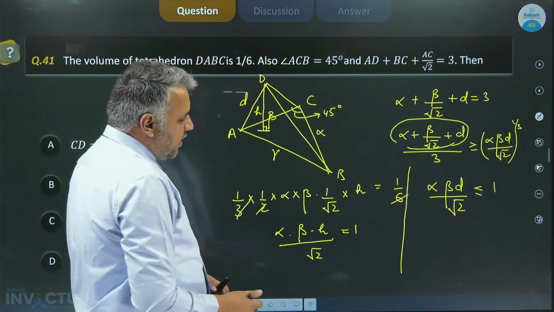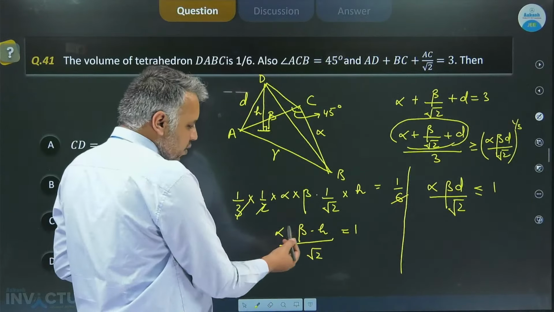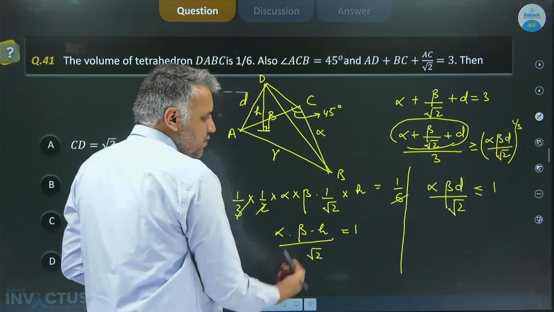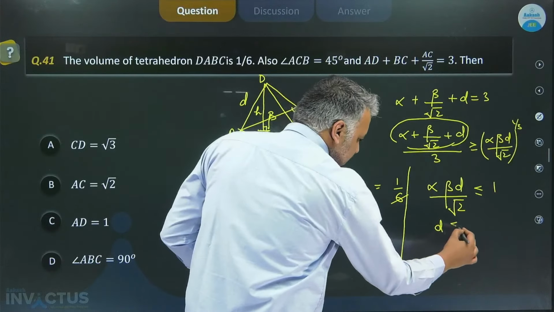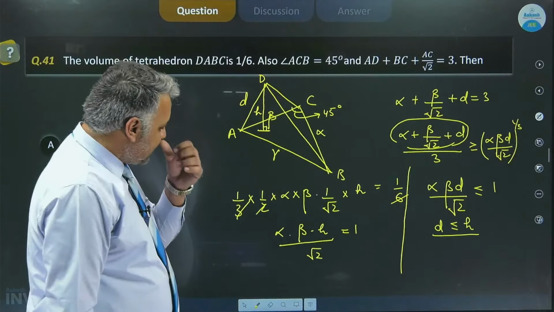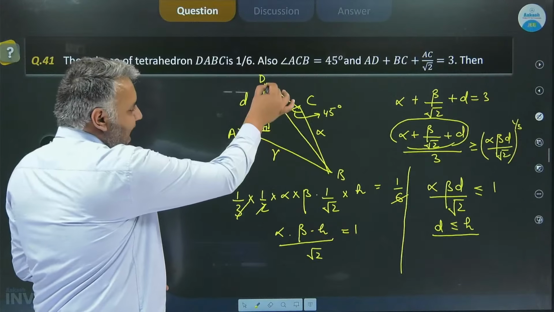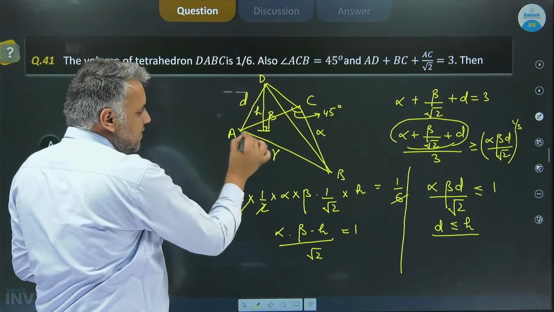Okay. So if alpha beta D upon √2 is smaller than or equal to 1, and we know alpha beta h upon √2 is 1, then D is smaller than or equal to h, from these two expressions. But h is the height from the point D on the base ABC.